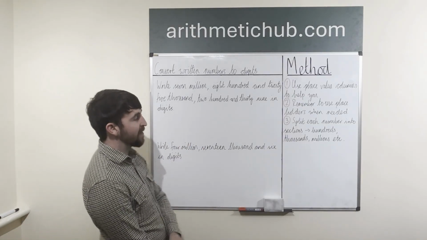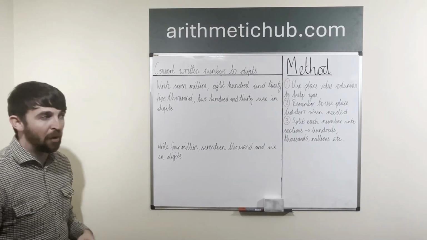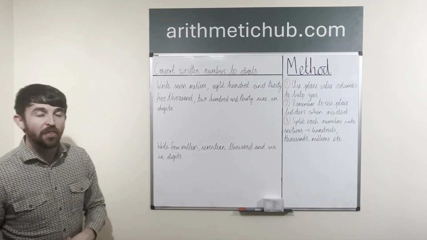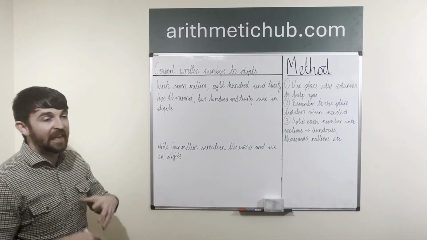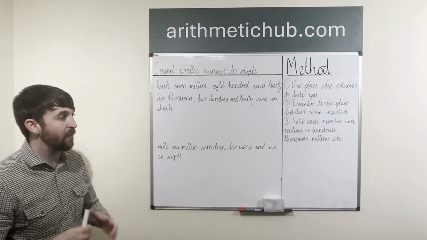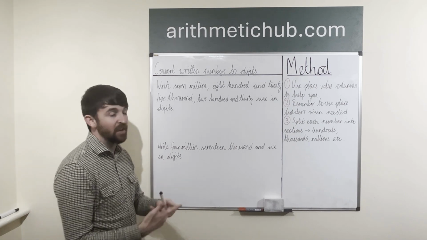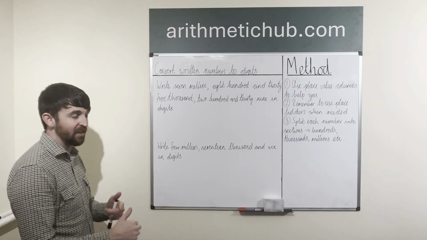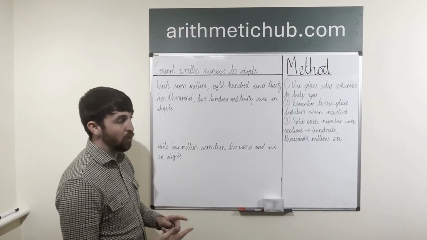And the third part says, split each number into sections. So you probably need 100 sections, 1,000 sections, and 1,000,000 sections with these, okay? The way I always think about that is each section has 3 digits in it. So if it's the 100 section, it's going to have 3 digits: your ones, your tens, your hundreds. If it's the 1,000 section, you're going to have up to 3 digits in it: your thousands, your 10,000s, and your 100,000s.